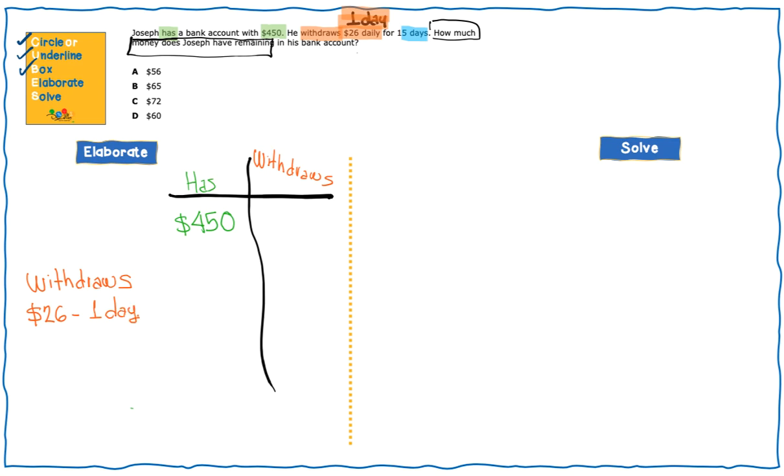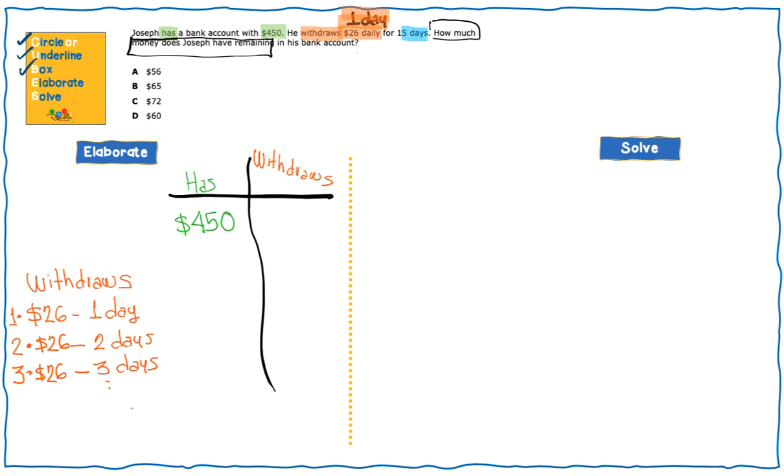Then what will happen in 2 days? Is it gonna be the same amount? Well, yes, the same amount, but times two. The first day was one time because it was just one day. So in 3 days, it's gonna be three times the $26. That's what the story is about.